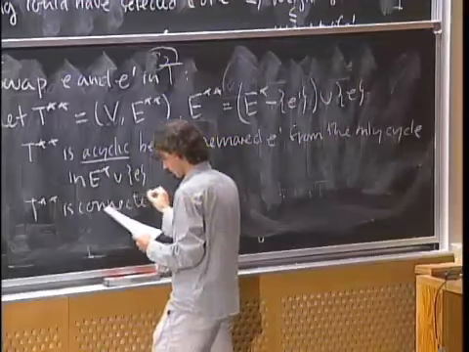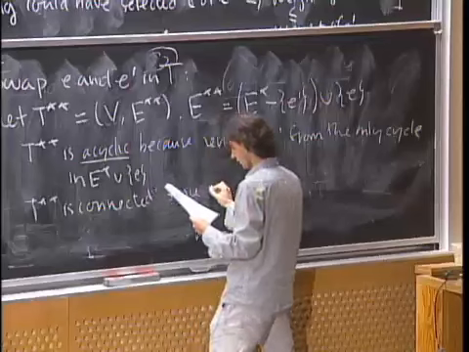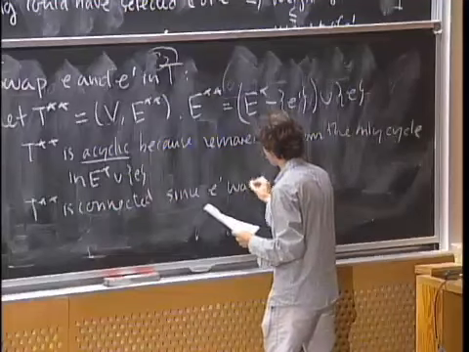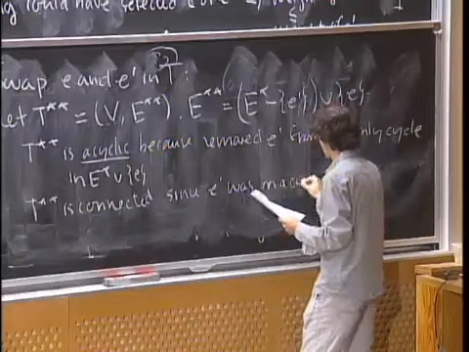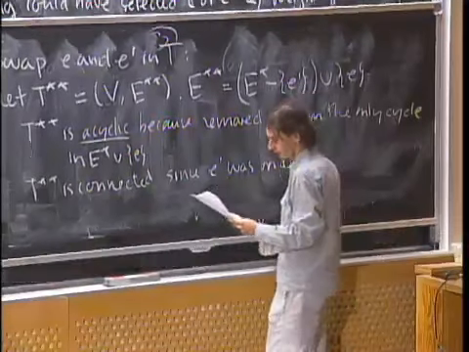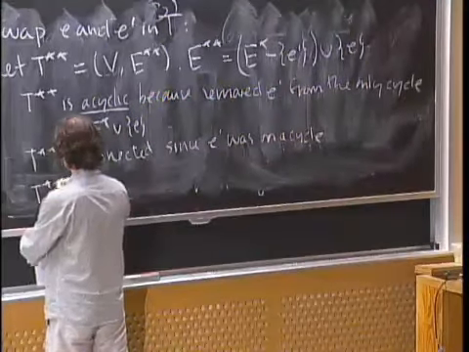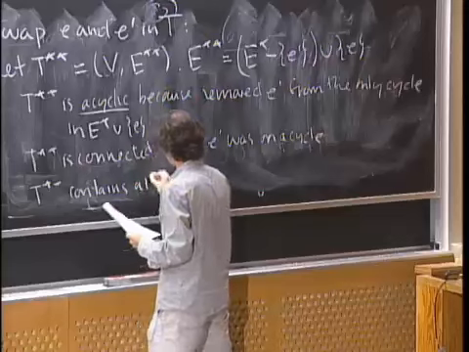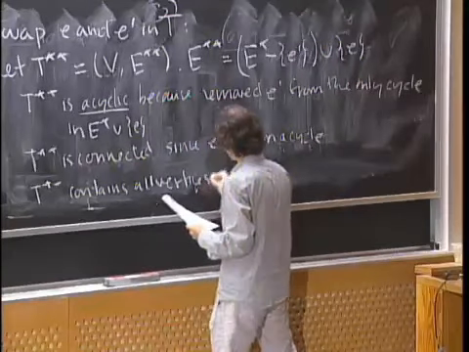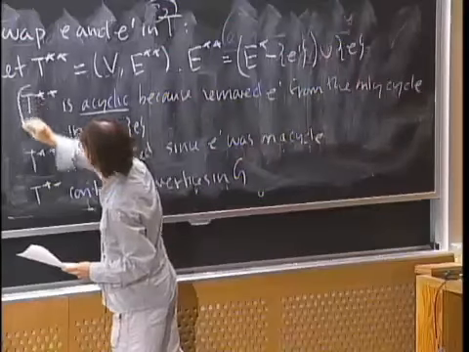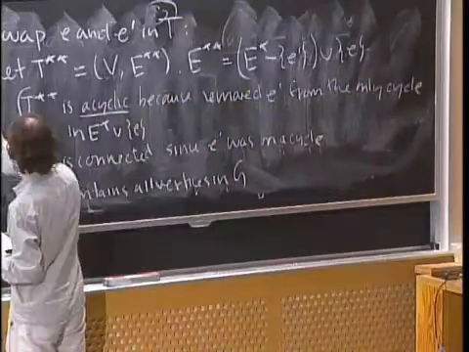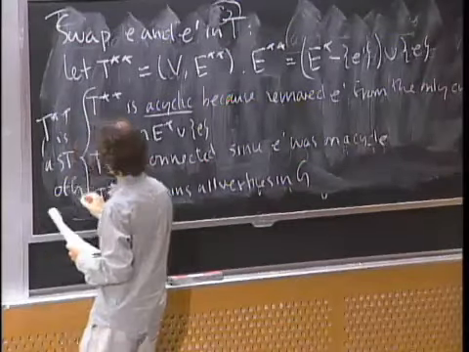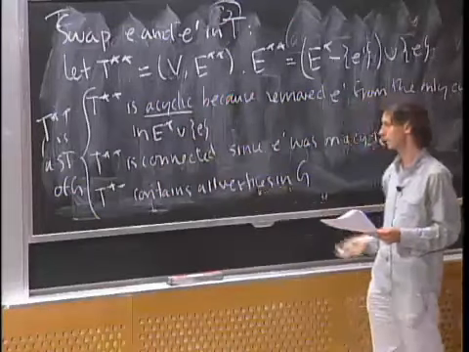And why is that? Well, since E prime is removed, but it was on a cycle, so it remains connected. And finally, we also know that T double star actually contains all the vertices in G. So all these three together will prove us that T double star is a spanning tree of G, because it's acyclic, connected, contains all the vertices.